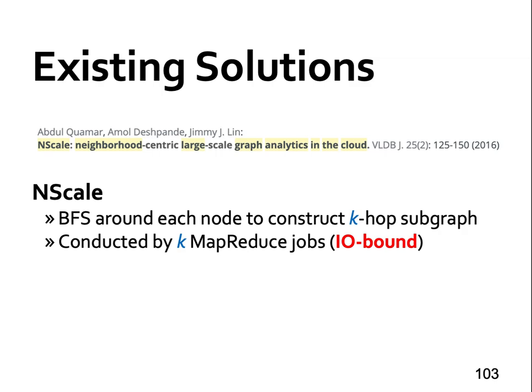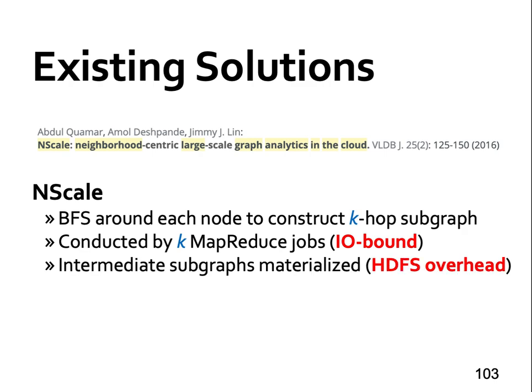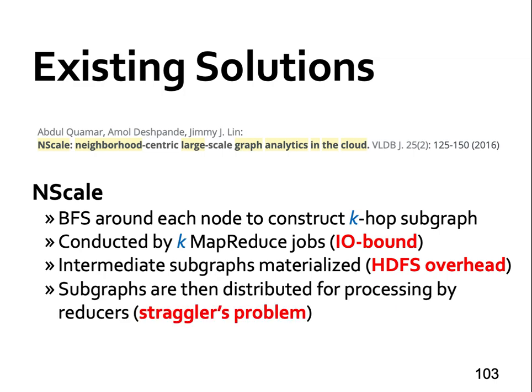However, this is conducted by k MapReduce jobs, which makes the process network I/O-bound. Each MapReduce job also needs to load and dump a huge amount of intermediate subgraphs via the Hadoop distributed file system. The subgraphs are then finally distributed for concurrent mining with another MapReduce job, which suffers from the curse of the last reducer.